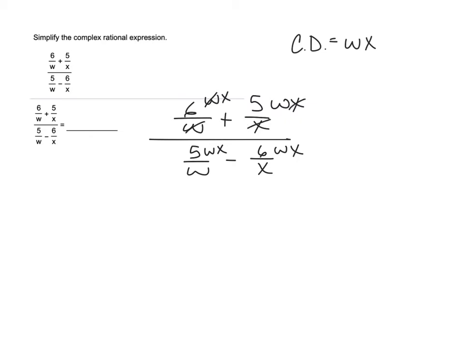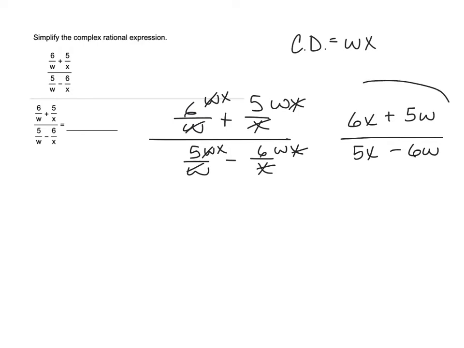So in the numerator, the w's crossed out, and I have 6 times x, and there's nothing left in the denominator with the w, so it's 6x over 1. And then the second one with the x crossed out, so we have 5w. And in the denominator, same thing. The w is crossed out, and we have 5x. And the x is crossed out, minus 6w.